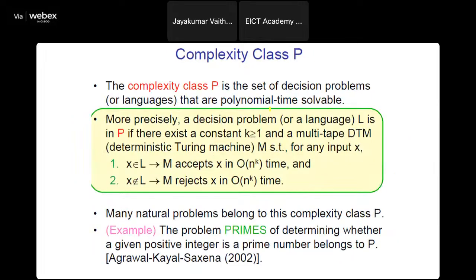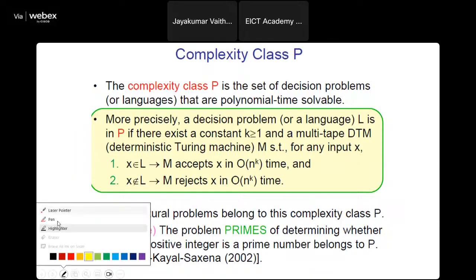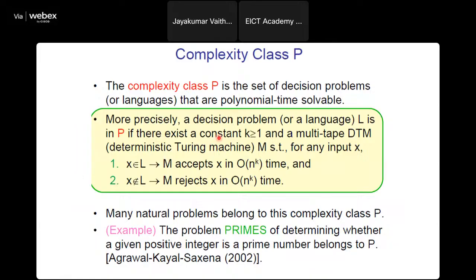So this is the mathematical definition of complexity class P. That is why most of the time I avoided it. All right.